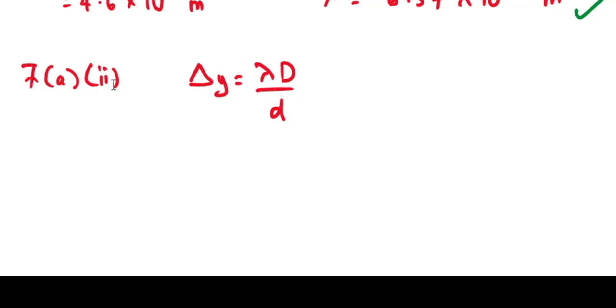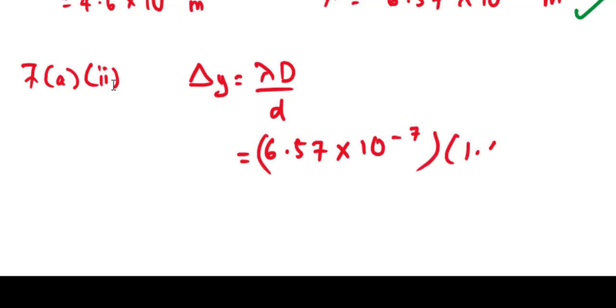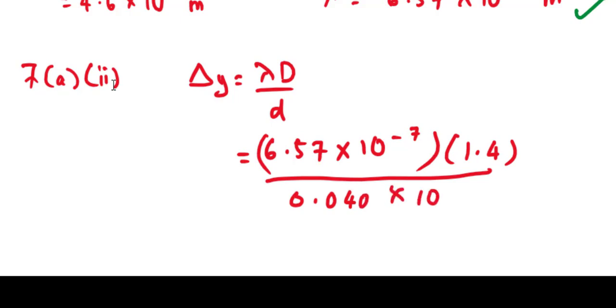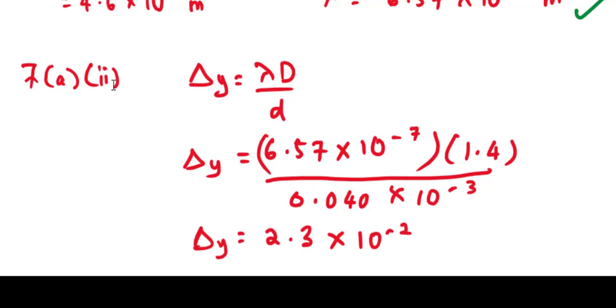We just substitute lambda with 6.57 times 10 to the power of negative 7, and D is 1.4 meter, divided by 0.040 times 10 to the power of negative 3. So we will get delta y equals 2.3 times 10 to the power of negative 2 meter.